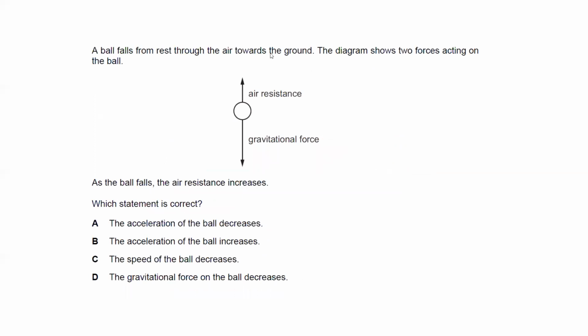Another question. A ball falls from rest through air towards the ground. The diagram shows two forces. As the ball falls, the air resistance increases. Which statement is correct? So with air resistance, what will happen?